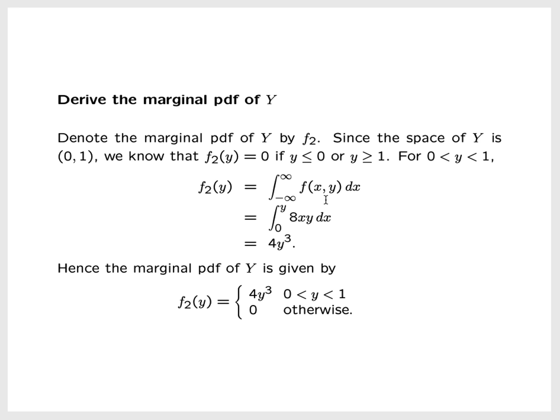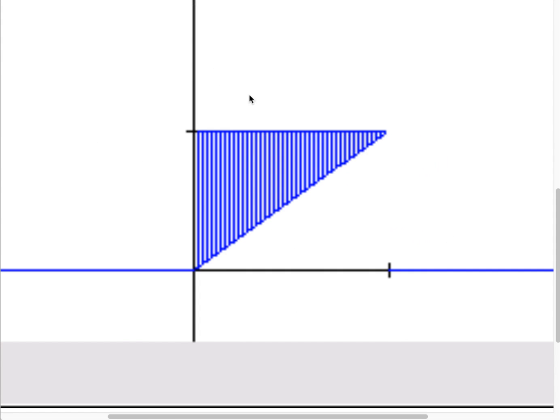Okay, so in order to do this, let me bring back up this picture here. Now we're picking a value of y, specifically a value of y between 0 and 1, so let's pick this value right here. Then we have to integrate with respect to x.